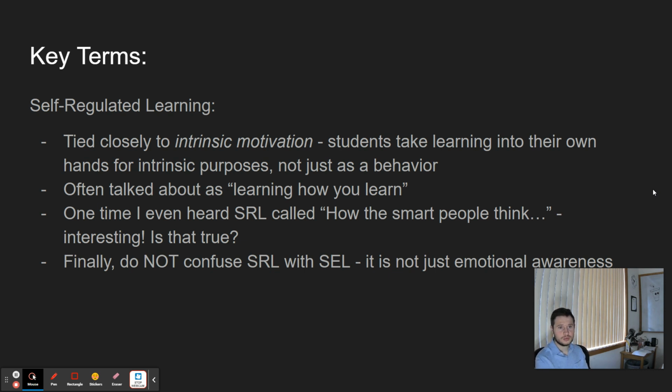So in order to really foster this type of intrinsic motivation, students need to learn how they learn. SRL is sometimes equated to learning how you learn, which is really more metacognition than anything. I've even heard SRL called, this is how smart people think.